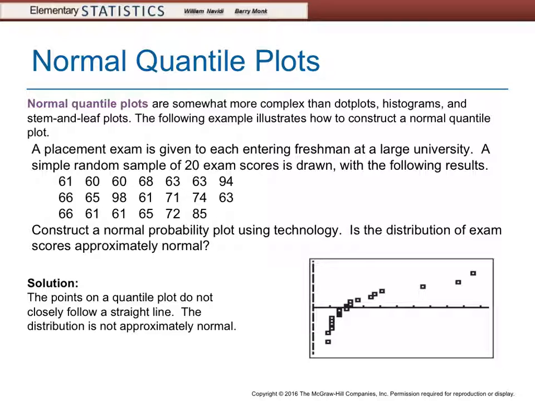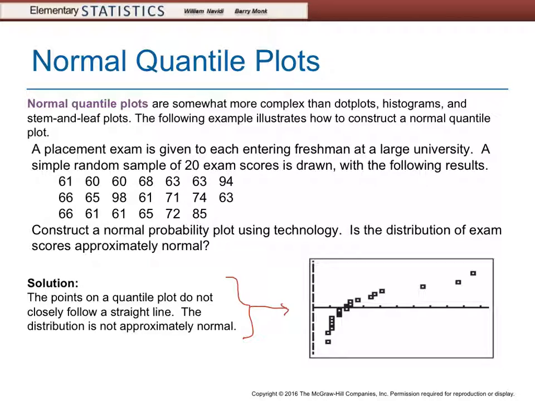This distribution of exam scores is approximately normal, is the question. Well, when we use the quantile plot using our calculators, and this is one of the reasons why we're showing this, you can do this relatively easily on the calculator.